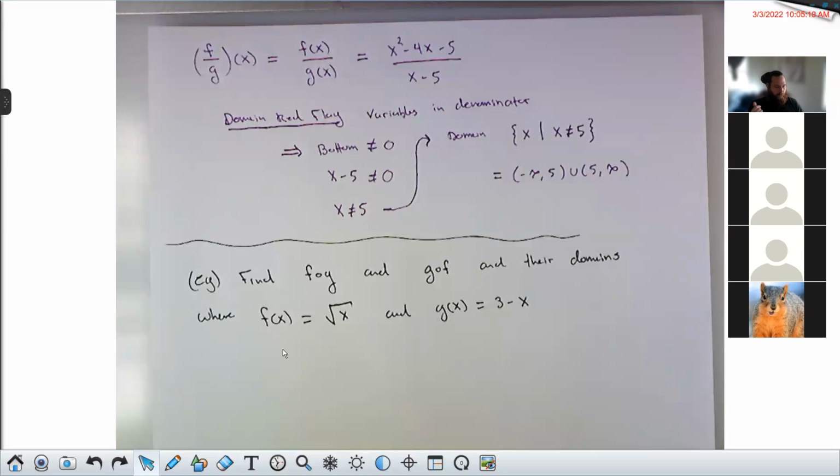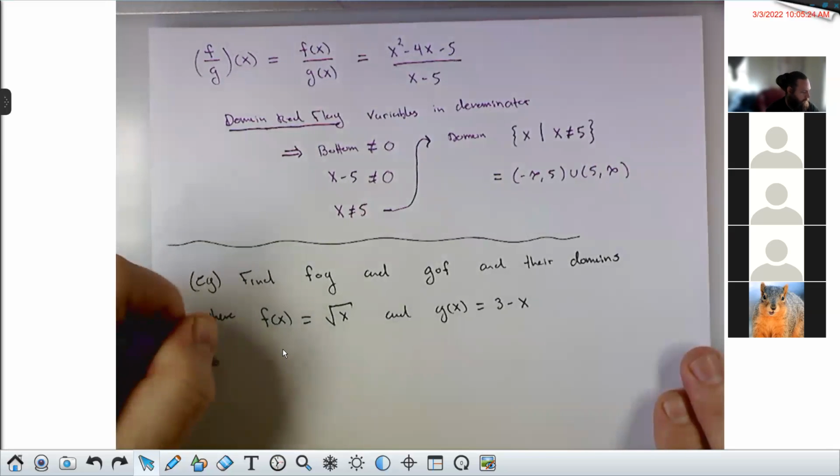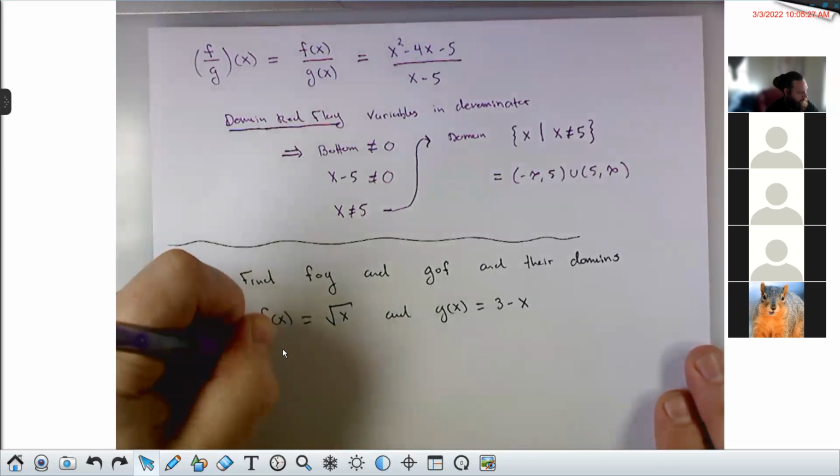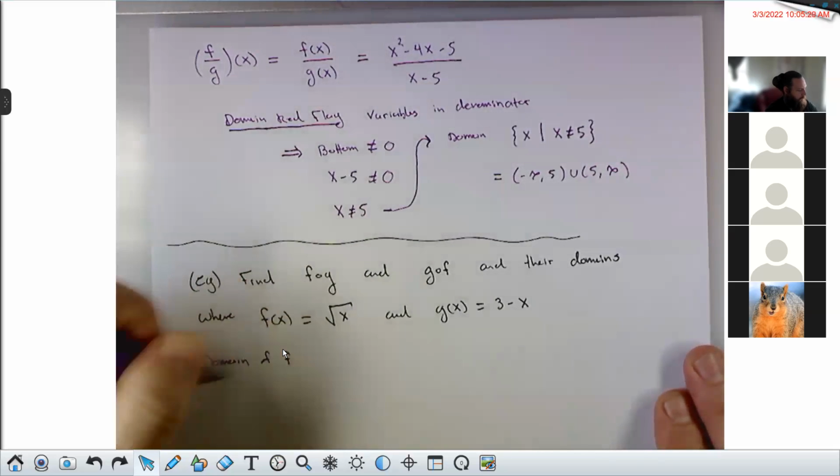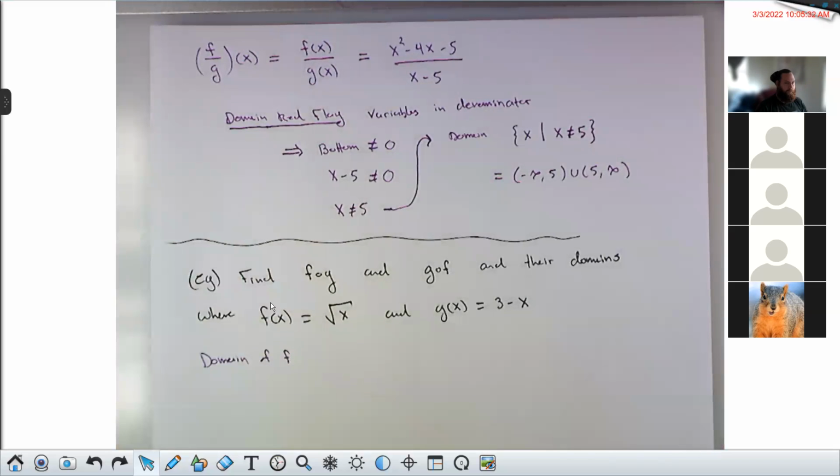It's a good idea to start out just by finding the domains of the two original functions. So what is the domain of f? What's the domain of this function, and why? Think about that homework on radical functions that we just did.